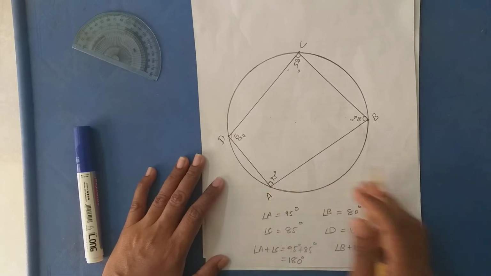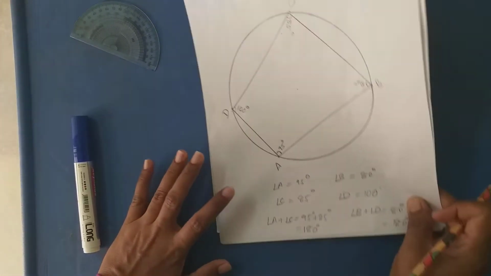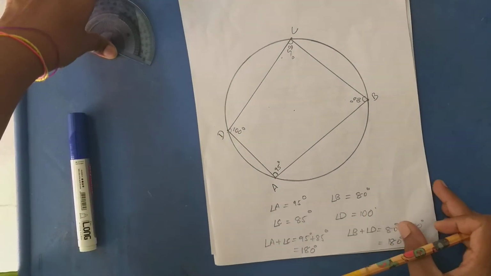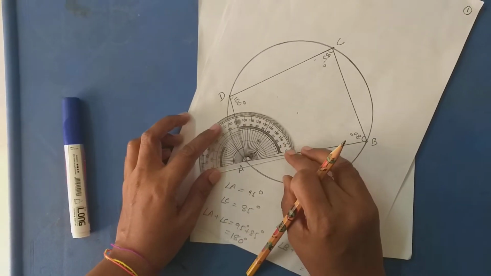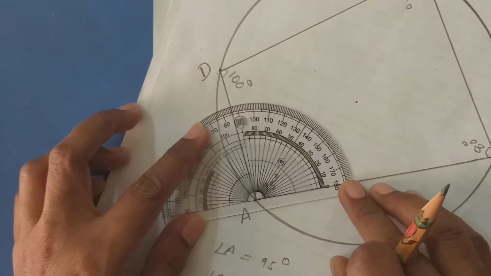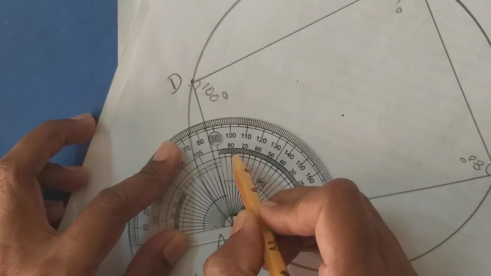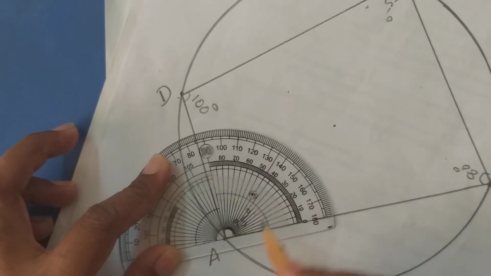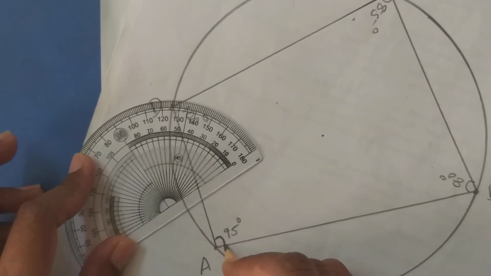Let us do some activity. ABCD is a cyclic quadrilateral. In this, we measure the angles by using a protractor. First, we measure angle A. Angle A is 95 degrees.